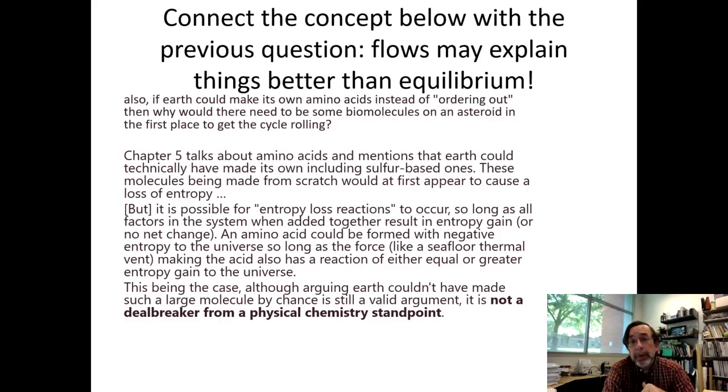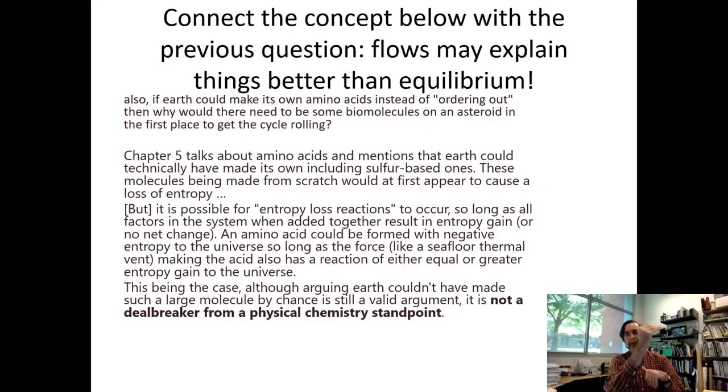But this is thinking through, well, if you gain enough entropy elsewhere, it just means that you need to gain more entropy elsewhere. And if you have a flow, notice that a seafloor thermal vent is proposed to make amino acids this way. If you have a constant flow, the flow could provide some order and allow you not to defy the second law of thermodynamics, but to point it in a particular direction.